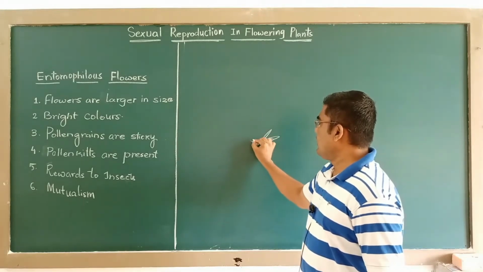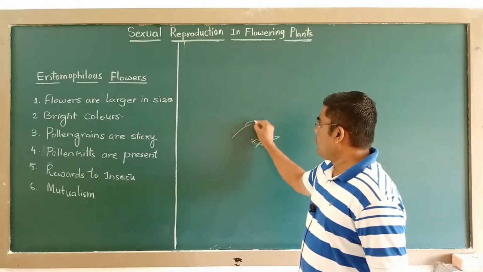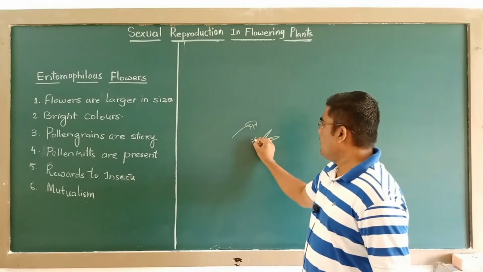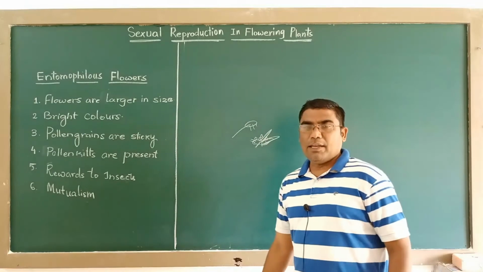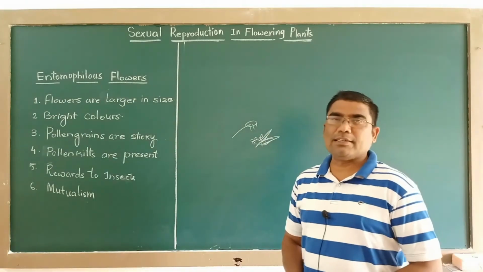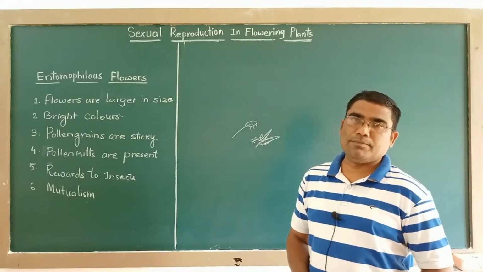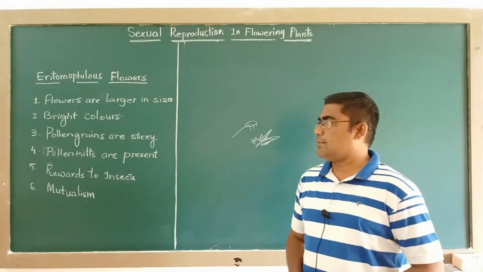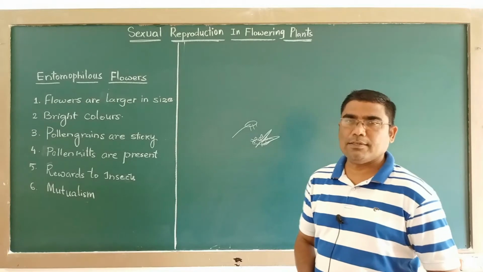When this insect visits the flower, pollen grains have to stick, to attach to the body of the insect. For easy attachment of pollen grains to the body of insects, the pollen grains are sticky in nature. Because of the sticky nature, they easily attach to the body of the insect.